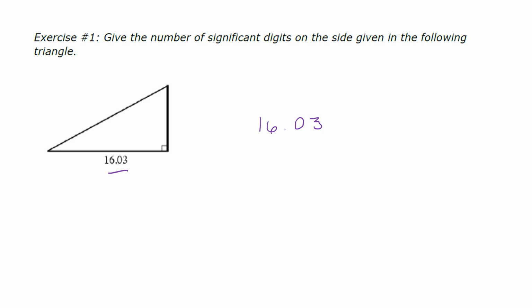So we're going to count the number of digits going from left to right. That would be 1, 2, 3, and 4. So this value would have 4 significant digits.